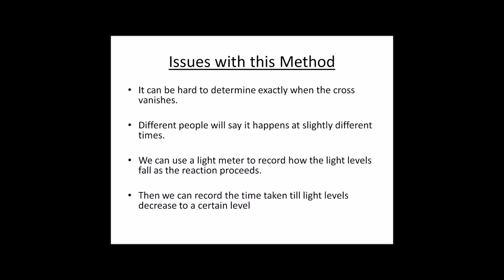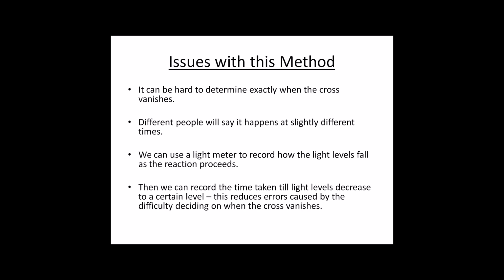So you might do a preliminary test to see what kind of value you might expect to get, and set that as your end point, and then time how long it takes to get there, say like 0.5 on the readings. And this is going to reduce the errors caused by the difficulty in reading when the cross has vanished. Okay, so it's going to make the experiment more reliable, more accurate, and that's obviously a good thing.